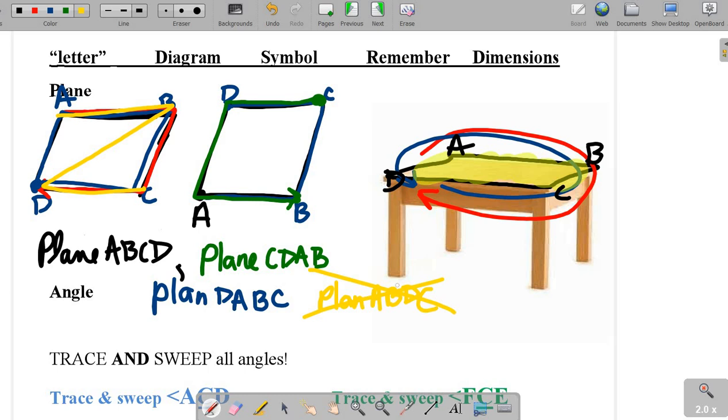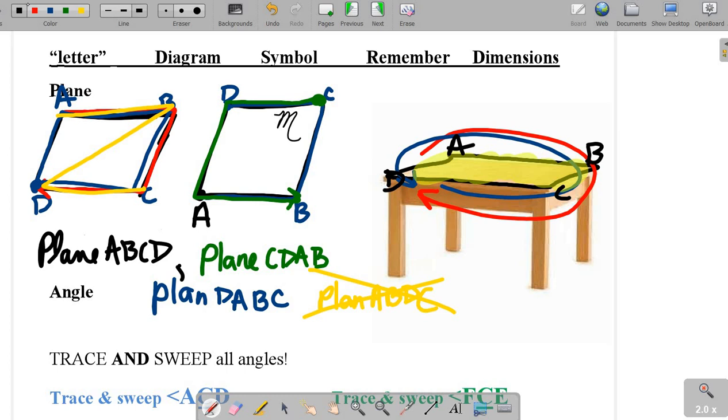Now, there's a shortcut for naming planes. You can use a cursive capital letter, an italics capital letter in the upper right-hand corner, and that would name the entire plane. So I could, in the upper right-hand corner here, make an italics M, or a cursive M, however you want to consider it.